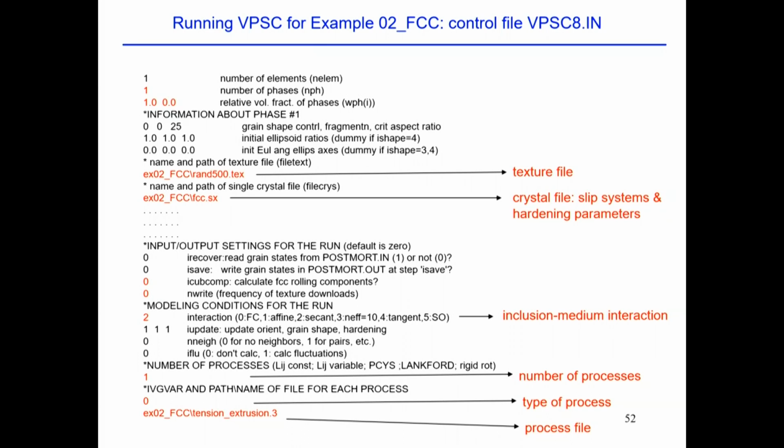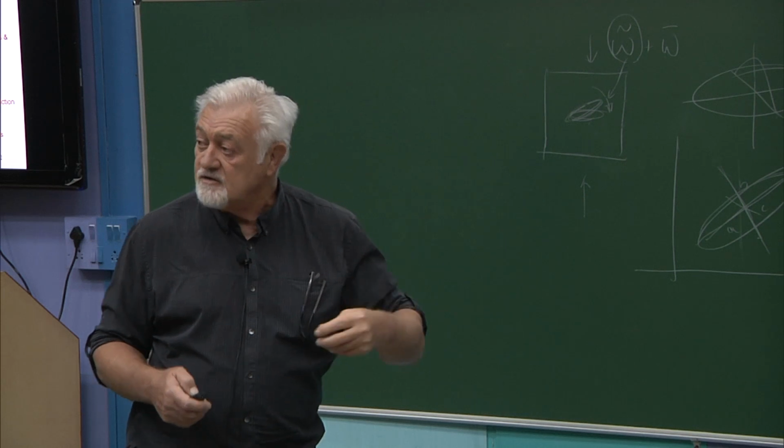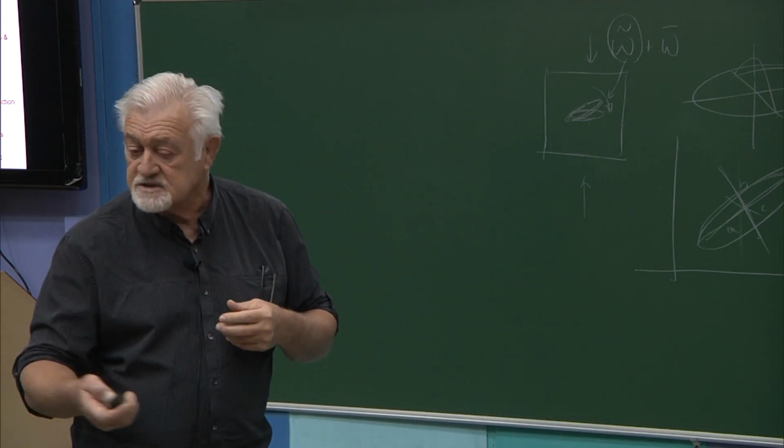Now, these two parameters, recover and save, you are not going to be using them, but they are meant for running the code, stopping at some point, writing down the state of the material, and then using that as the initial state for running another process.